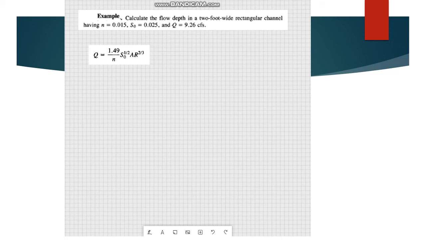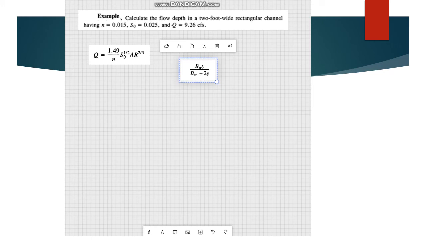So okay, let me put this here. This is for area. The other one is the hydraulic radius.